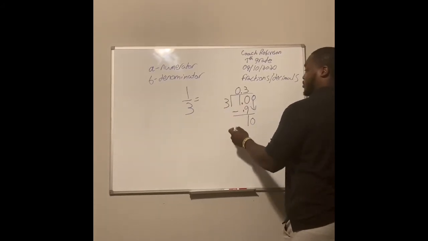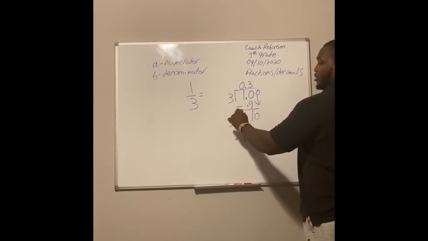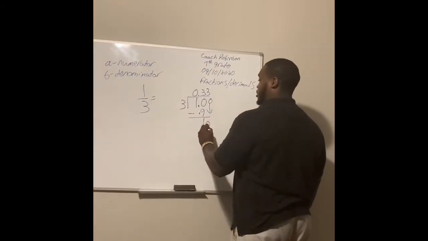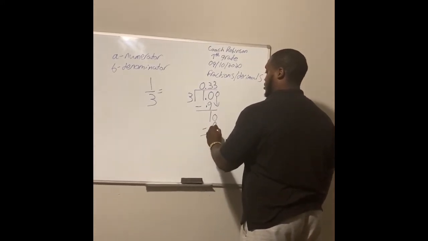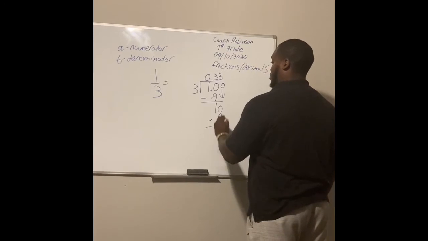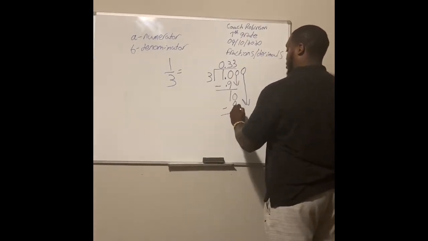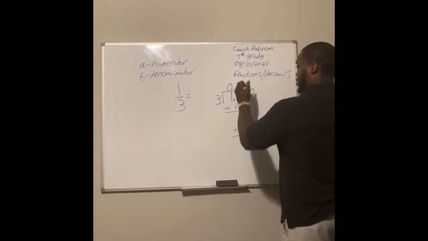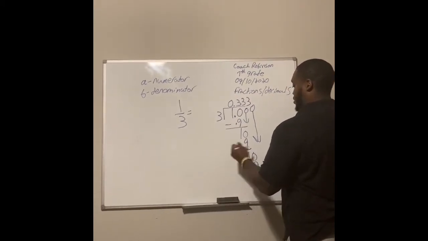So now you have the same problem, essentially. 3 goes into 10. 3 times 3 is 9. This is minus. So 10 minus 9 is 1. Add another 0. Gotta come down here. And again, 3 can go into 10 3 times. So pretty much this is why it's continuous.